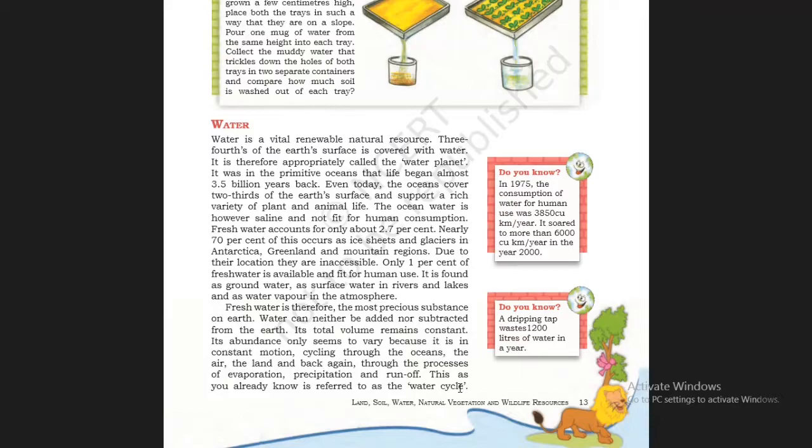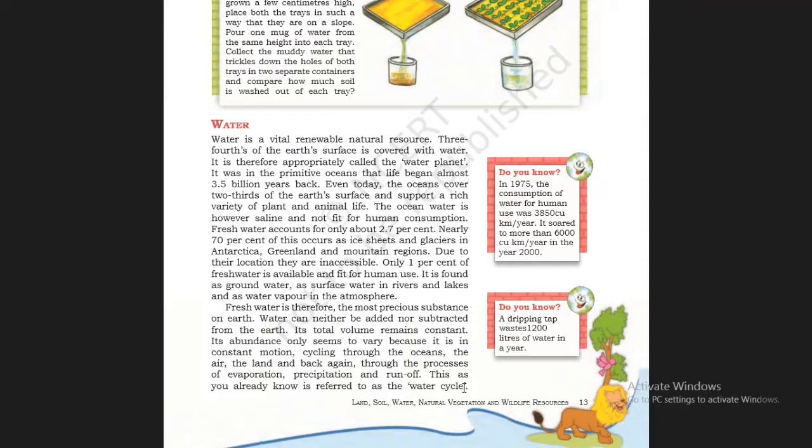Water turns into vapor, from vapor clouds are formed, from clouds comes rainfall, and the rain that falls is again circulated, forming vapor with the help of the heat of the sun.